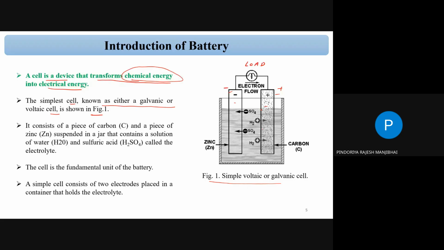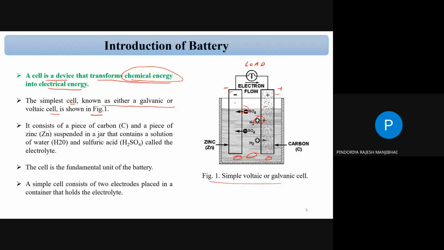This is electrolysis, a chemical process, correct? By chemical reaction we can produce electricity. You can see a negative terminal here and a positive terminal here, and there is a flow of charge, which generates the energy.